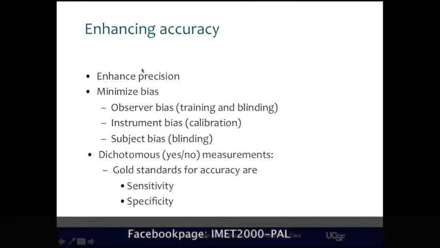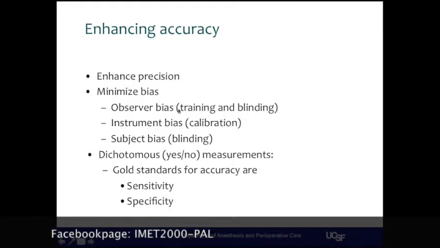And then there's accuracy. Accuracy is a little bit different than precision. Precision narrows down the value to being a very reproducible value. Accuracy actually means the value is correct. So ways of enhancing accuracy, one is to enhance the precision, like we just talked about. But another important thing is to try as best you can to minimize the bias of the measurement. There are several forms of bias. 3 important forms are going to be bias from the observer, and that could be you or one of your colleagues.